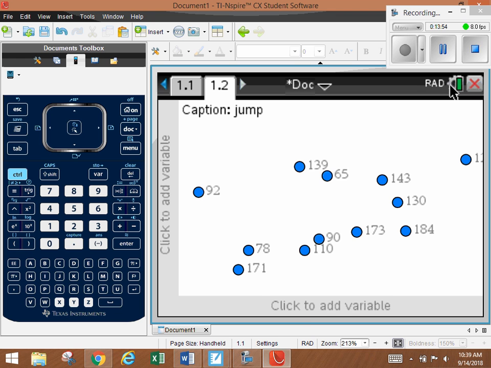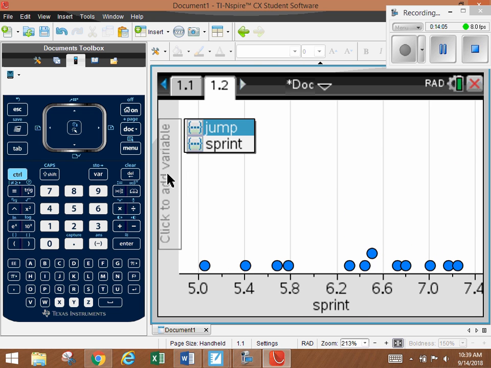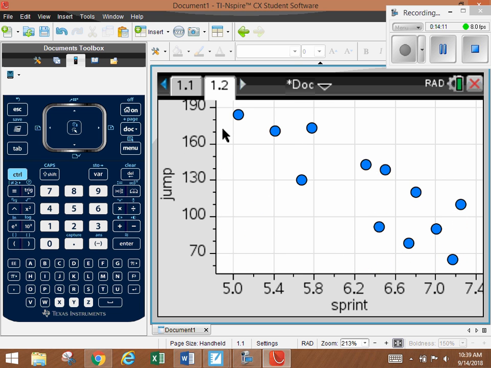So what did we say our explanatory variable was? Sprint, or our x-axis. What did we say our response variable was? Jump. So you'll click over here on your y-axis and choose jump. And there you go. Wow, we've got a scatter plot.